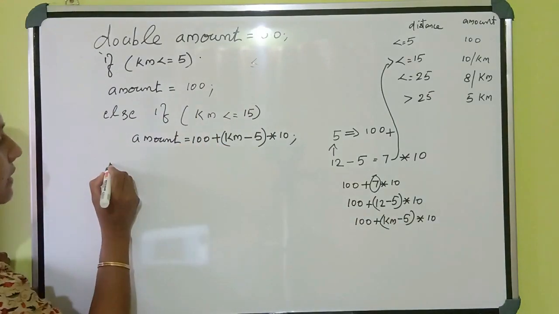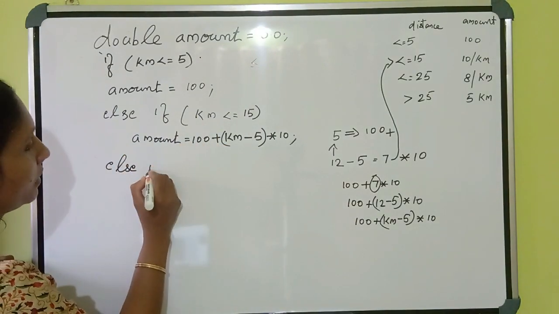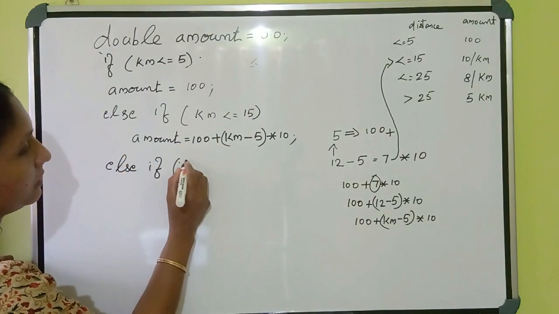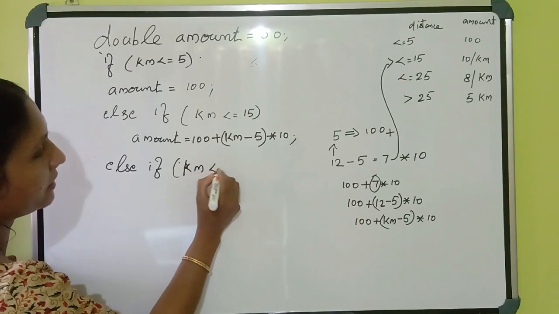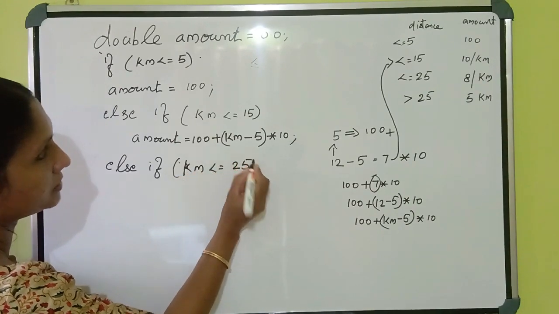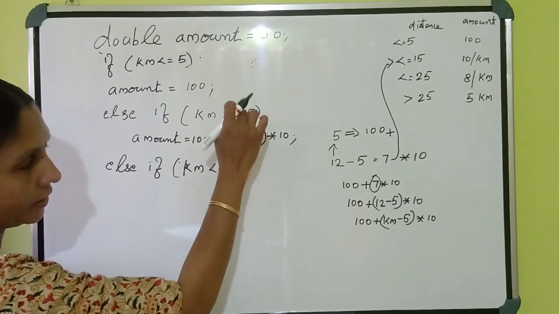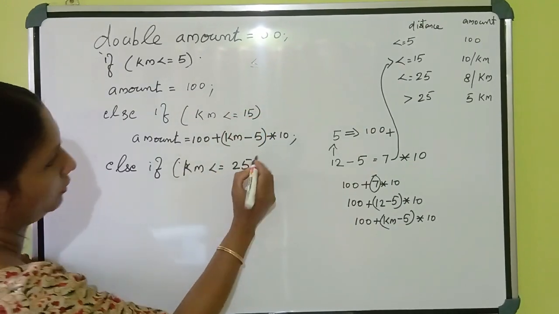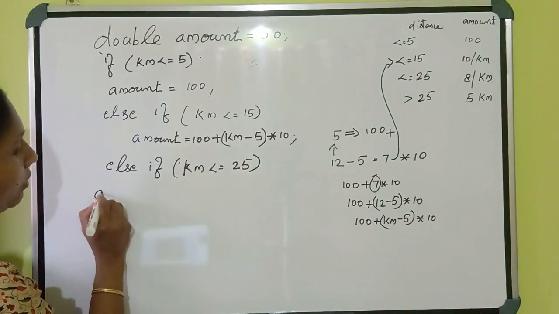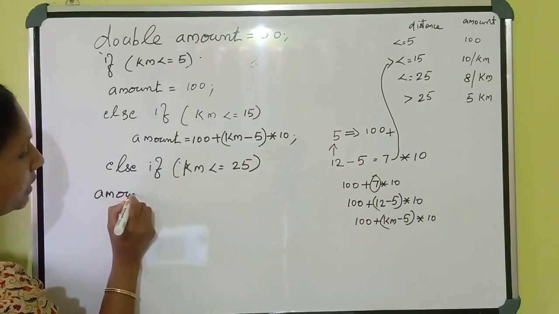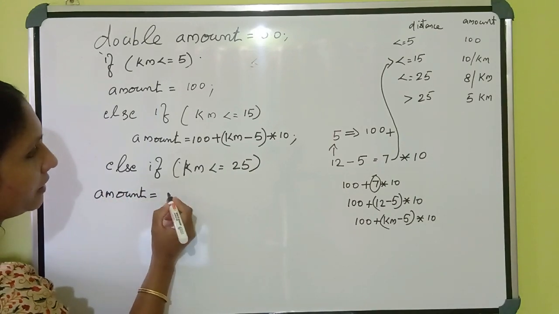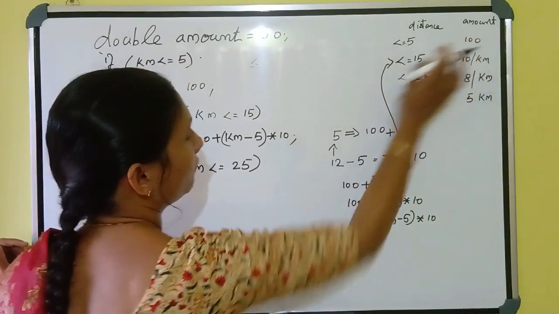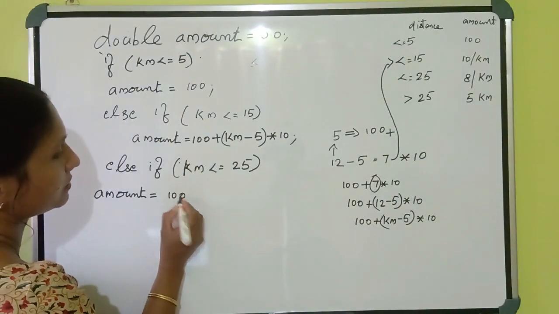That means else if kilometer less than or equal to 25. See, 5 plus 10, 15. 15 plus 10, 25. Then how can you calculate the amount? Amount is equal to, see, for the first 5 kilometer we need to pay 100 rupees.